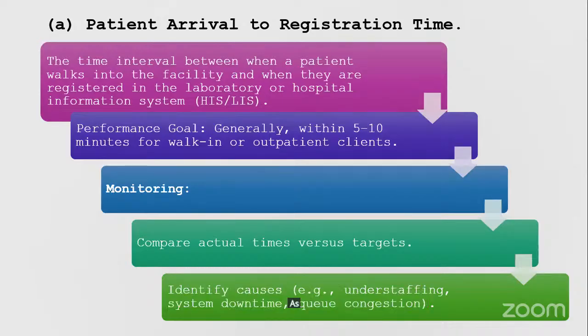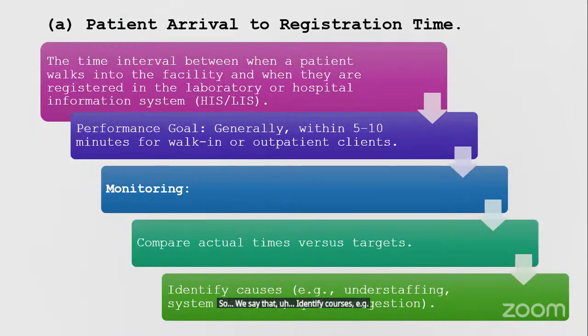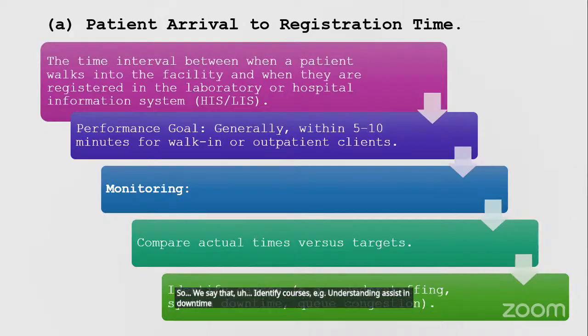as a way of improving service delivery, because we must always have a way in which we improve these services at all costs. So we say that we identify causes, e.g. understaffing, system downtime, and queue congestion.